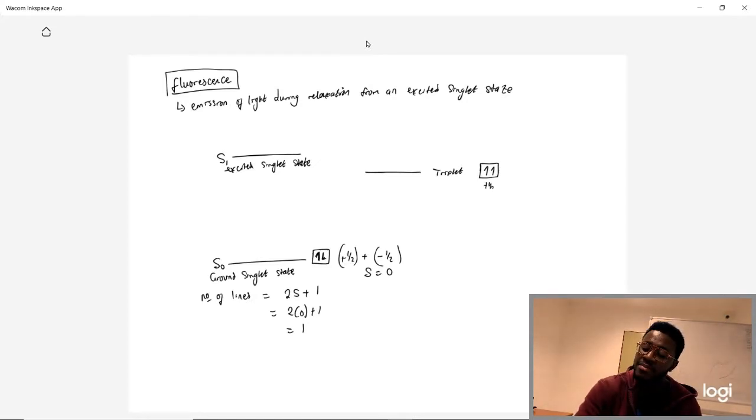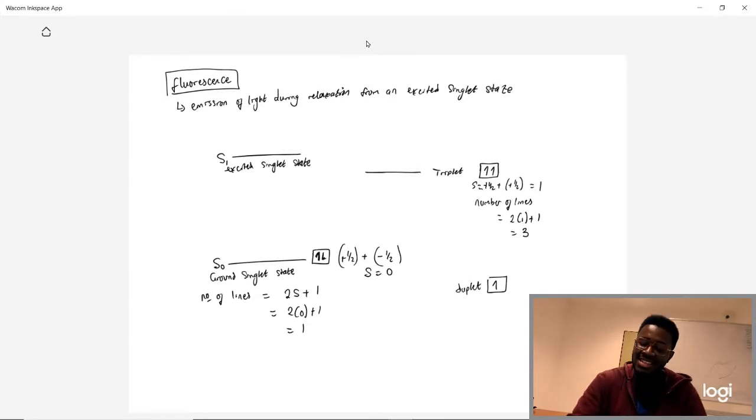Plus half plus half, so S is equal to 1. Our number of lines is 2 times 1 plus 1, which is 3. That's why it's called a triplet state. There's also a duplet state if it's just unpaired, but we don't really care about it.